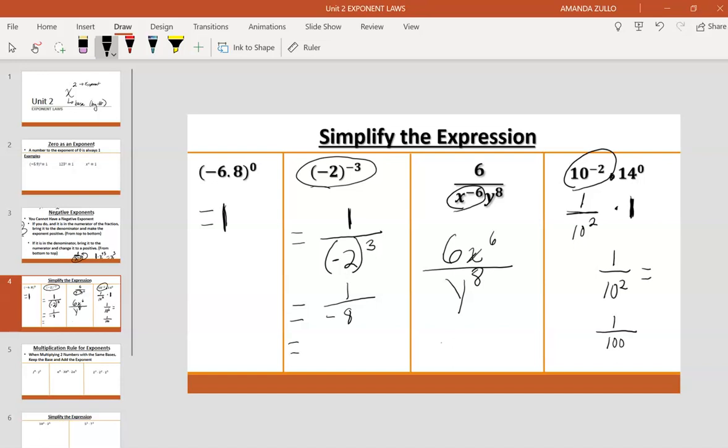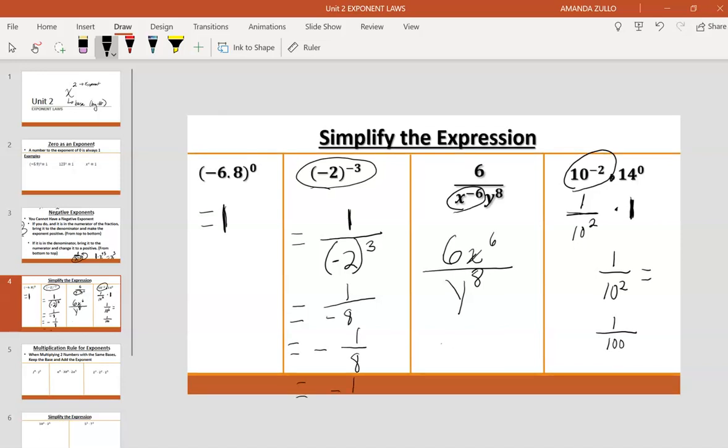You could write this as negative 1 over 8. And then you could also write it as negative 1 over 8. The negative could go with the bottom, out in front, or up top. And all of these numbers are equivalent to each other. They're all the same. Okay, so no matter how you write this, if you write it in any of these forms, you'd be correct. Our calculator could do this for us though, because there's no variable.